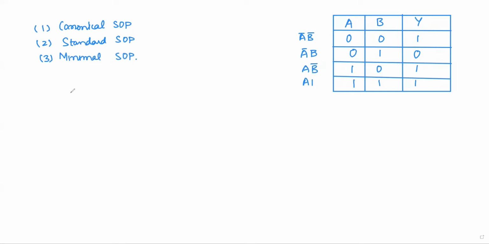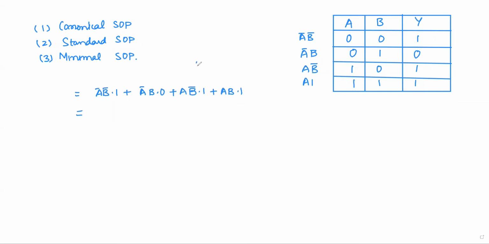So first we are interested in canonical SOP. So canonical SOP is your A bar B bar dot 1 plus A bar B dot 0 plus A B bar. Okay, so from the truth table, you note down these values here and multiply by the corresponding values.